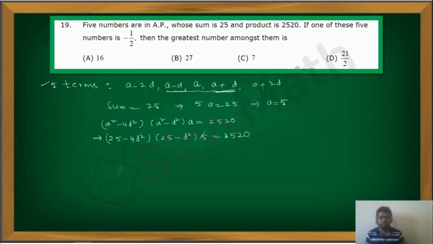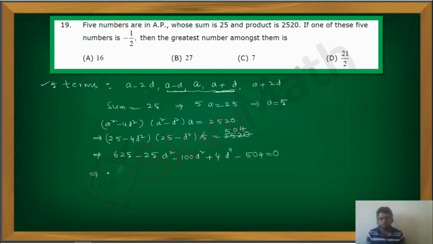Now here you can cancel 5 with 2520 to get 504. After this, let us multiply directly: 25 into 25 is 625, minus 25D square, then minus 25 fours are 100D square, and minus into minus plus 4D power 4, minus 504, which is equal to 0.